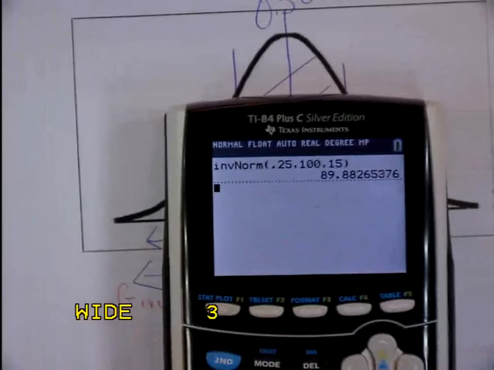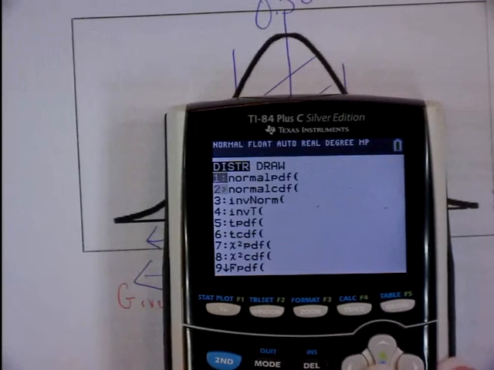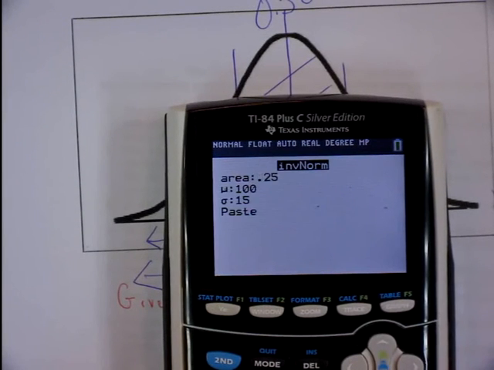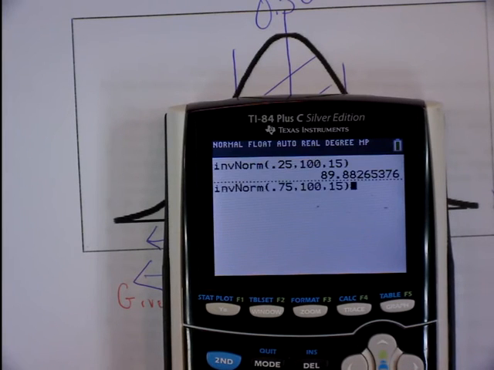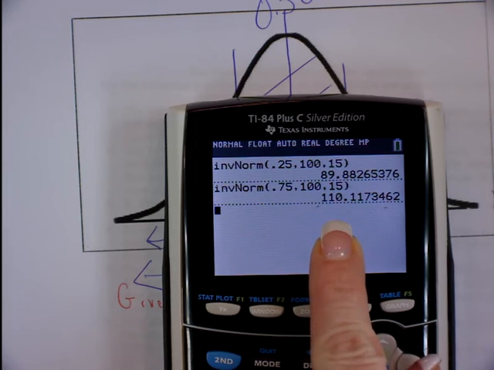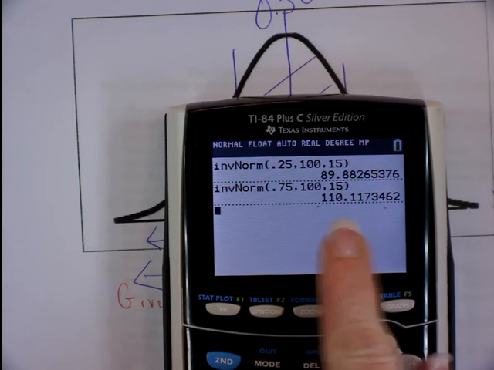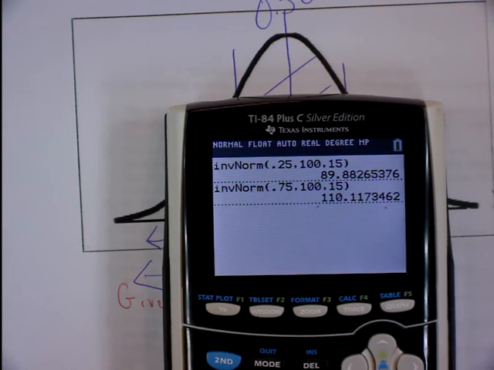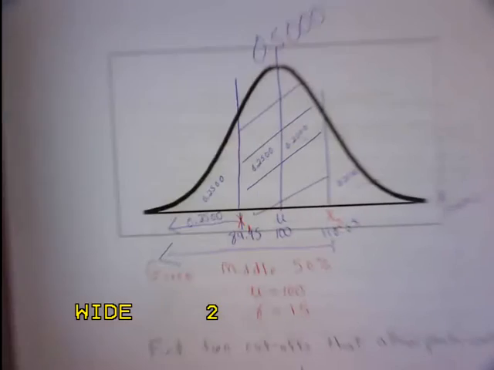So that answer, 0.75, and paste. 110.12, which is very close to the 110.05. So these are the two answers with the calculator, 89.88, 110.12. And I did round to two places accurately, because the cutoff formula gave us two places accurately.